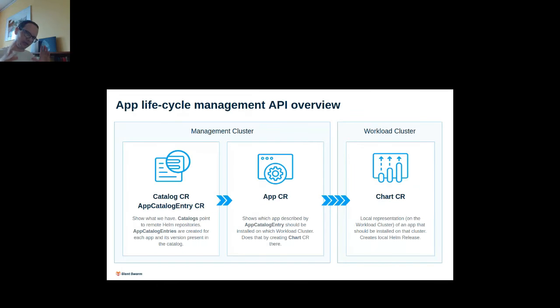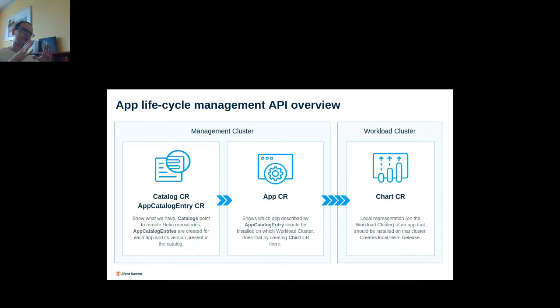So to make it easier, we have created some operators that run, like I said, on the management cluster and on workload clusters. And these operators act on our custom resources. So we have created some CRs by providing CRDs in Kubernetes, right? And they describe whatever you need.